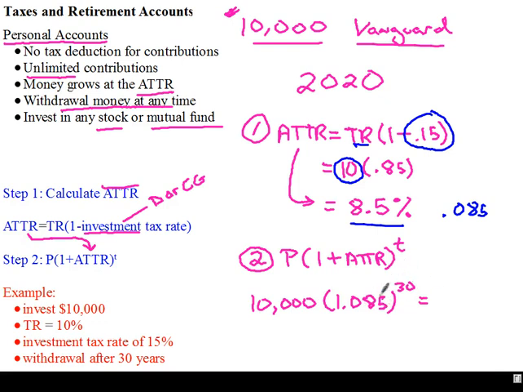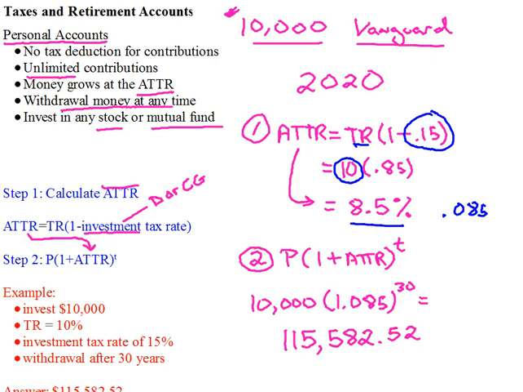I let it sit there for 30 years, and then at the end of 30 years I will have $115,582.52. I just rounded that, and 52 cents.